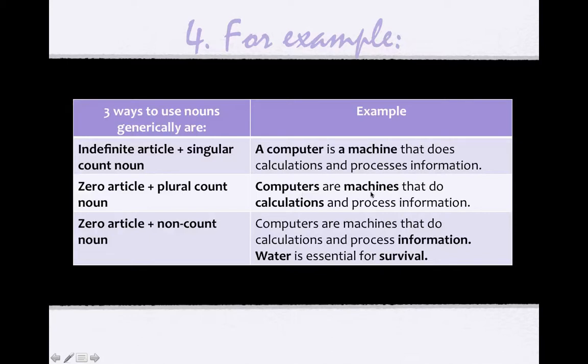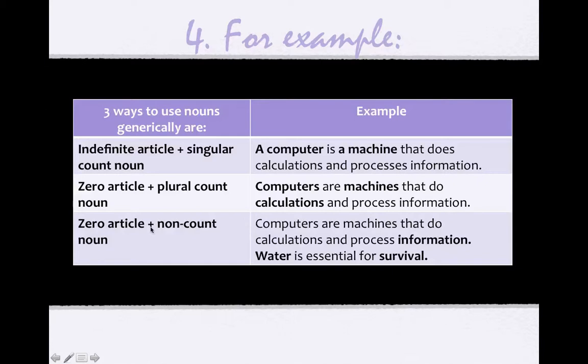Computers are machines that do calculations and process information. These are all plural count nouns that have no article. Over here is a non-count noun with no article.